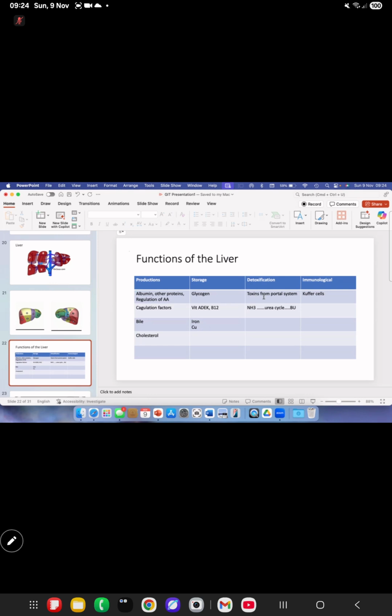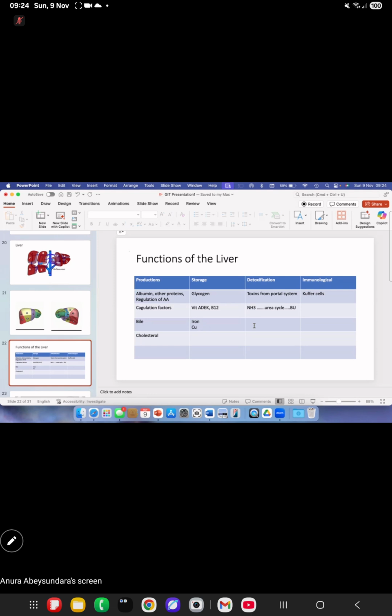And detoxification is done from the portal system. One important thing is that there are lots and lots of things. For instance, you need to know the phase 1 reaction and phase 2 reactions of metabolism, which I think is related to pharmacology, right? And the other thing is urea.